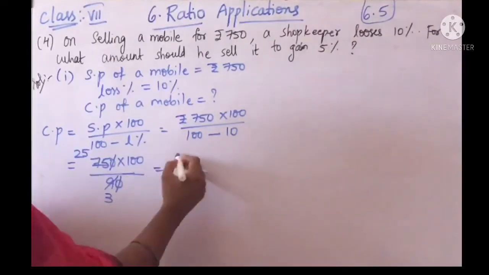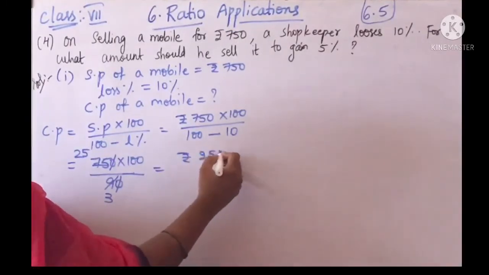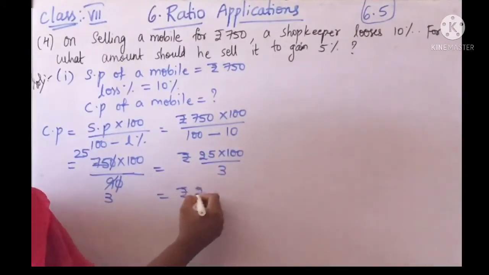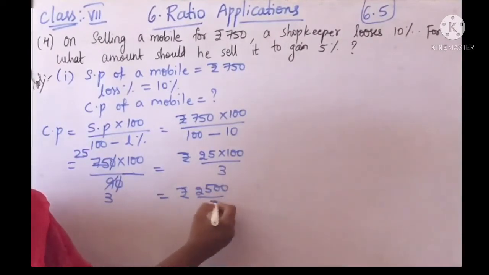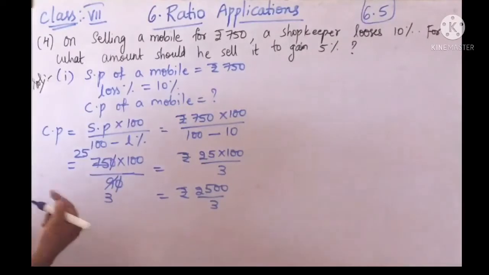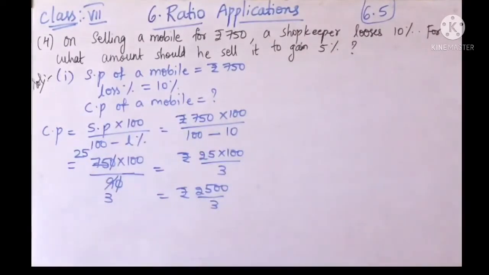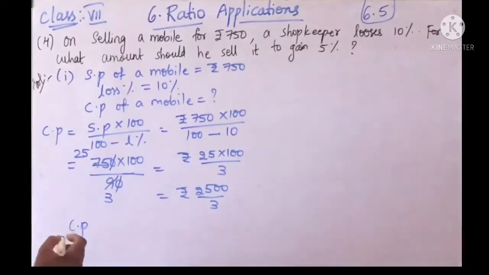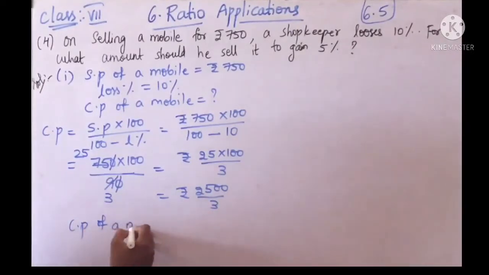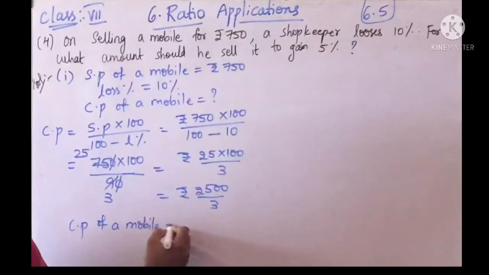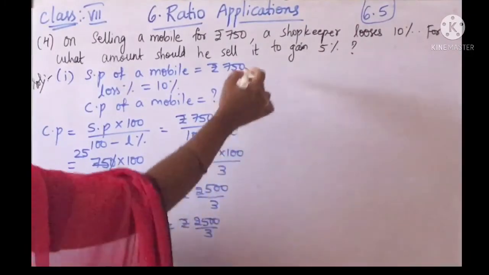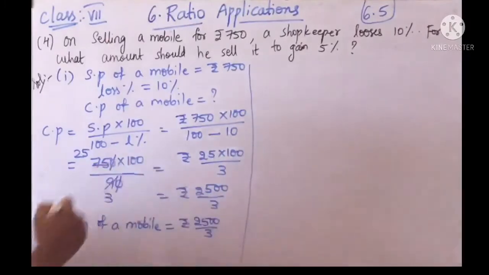So finally you got rupees 25 into 100 by 3. That is nothing but 2500 by 3. Here you can convert it to mixed fraction or just leave it like that, children, so that it gets cancelled in the next part. So finally you got a CP of a mobile as rupees 2500 by 3.